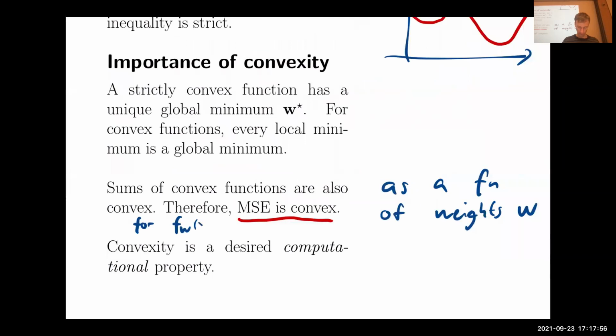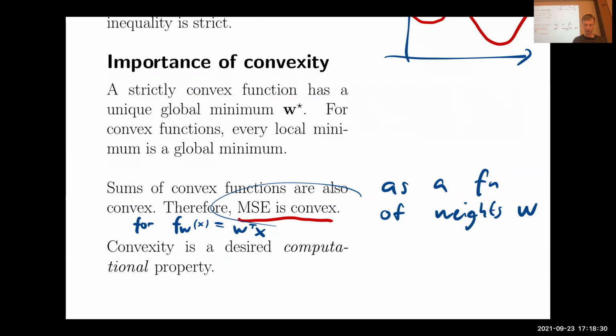If the linear model is like this, it takes the data and multiplies with the weights. That is what a linear model does: W times X. So if you have a linear model and on top of it you use the mean squared cost function, then the whole thing is convex in the weights. If you have any model you like, then mean squared cost function will still be convex in the error, but not in the weights, because your weights go through a crazy neural network and then you get a prediction.